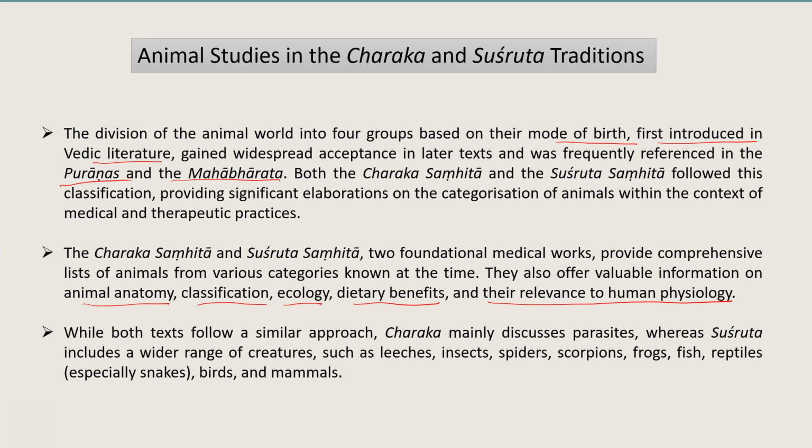While both texts follow a similar approach, Charak mainly discusses parasites, whereas Susrut includes a wide range of creatures such as leeches, insects, spiders, scorpions, frogs, fish, reptiles, especially snakes, birds and mammals.